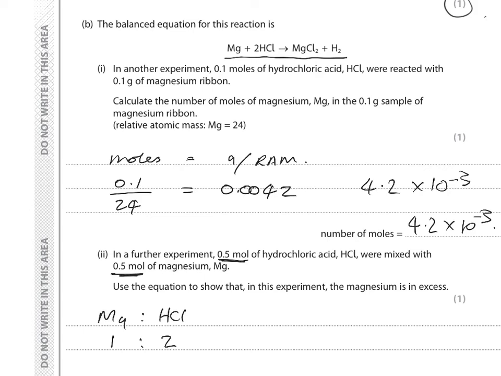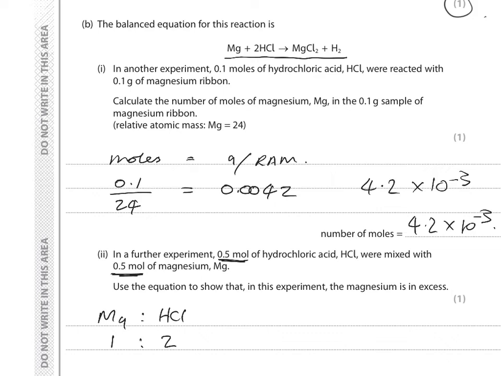So I would need 1 mole of hydrochloric acid to every half a mole of magnesium. So it says use the equation to show that in this experiment the magnesium is in excess.